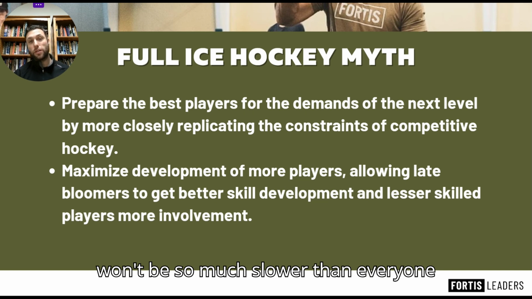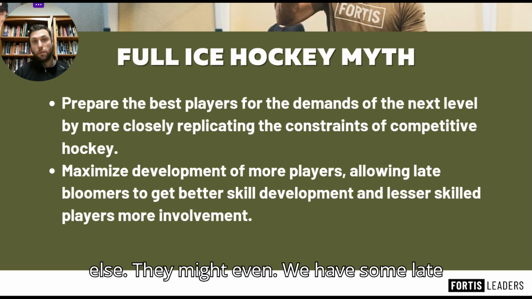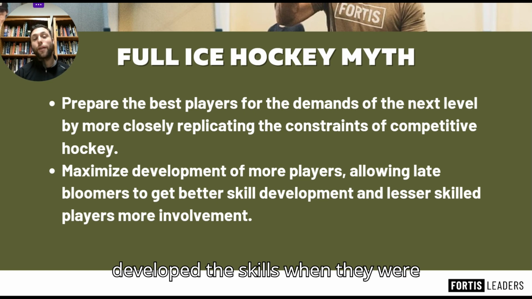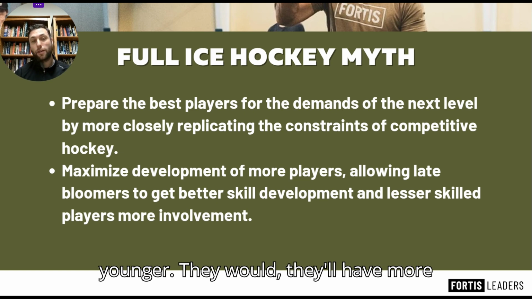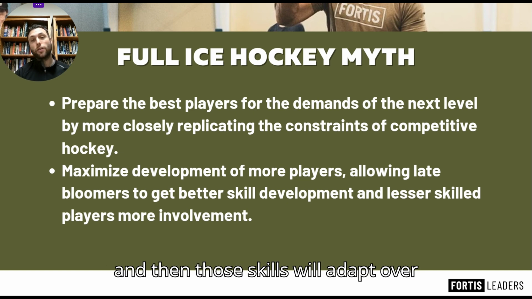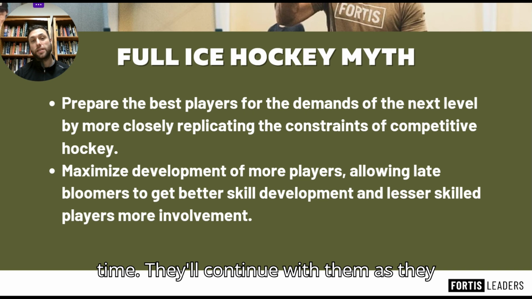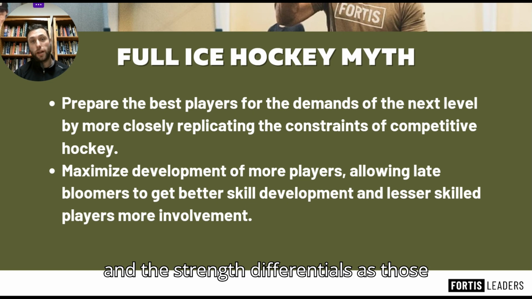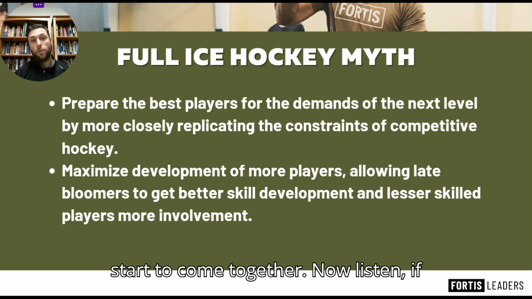They won't be so much slower than everyone else. They might even, if some late bloomers, be the fastest athlete on the ice, but they will have developed the skills when they were younger. They'll have more fun, they'll get more puck touches in, and then those skills will adapt over time. They'll continue with them as they get older, and the skill differentials and the speed differentials and the strength differentials start to come together.